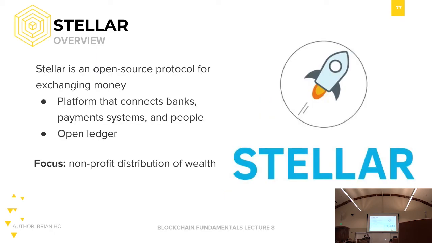But who's ever heard of Stellar, actually? Okay, cool. So Stellar is actually a fork of Ripple, but it's an open source protocol for exchanging money. So it's not only just for banks. It's a platform that connects banks, people, and other payment systems. It's an open ledger, meaning that anyone can actually join.